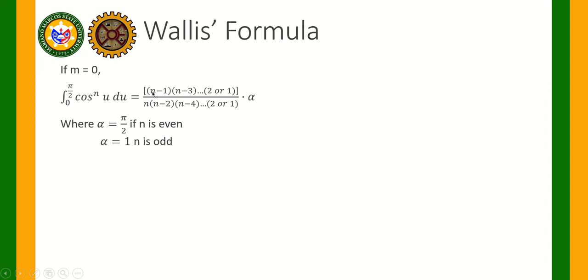So, our formula will be (n minus 1) over, sa denominator natin, it will be reduced to n times (n minus 2) times (n minus 4) until 2 or 1, and then multiplied by alpha. Alpha is equal to pi over 2 if n is even, and alpha is equal to 1 if n is odd. Okay? So those are the different Wallis formulas.